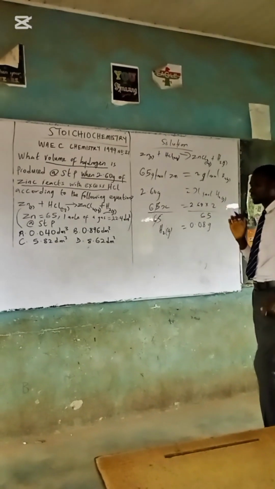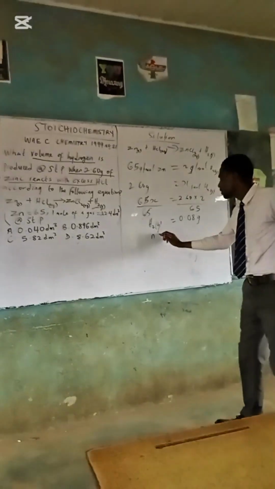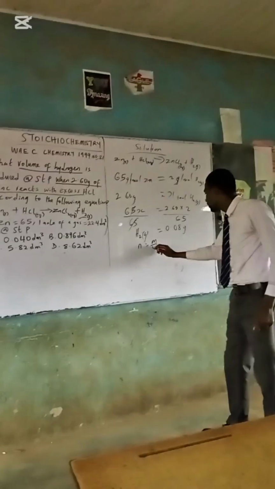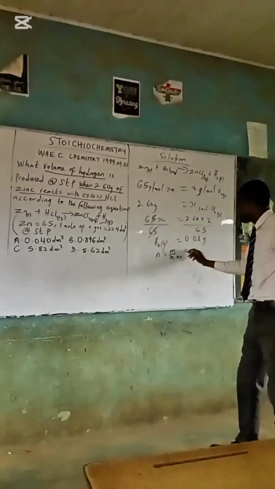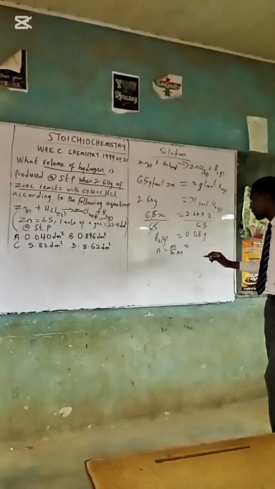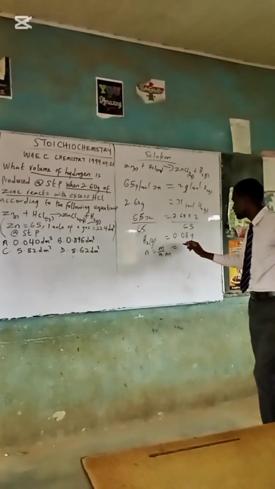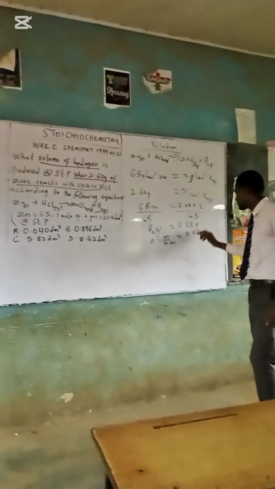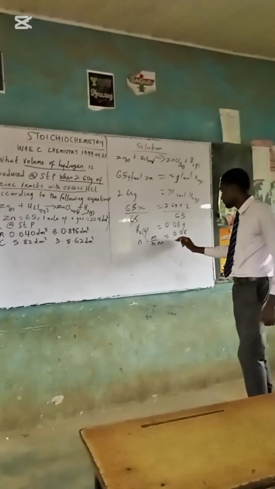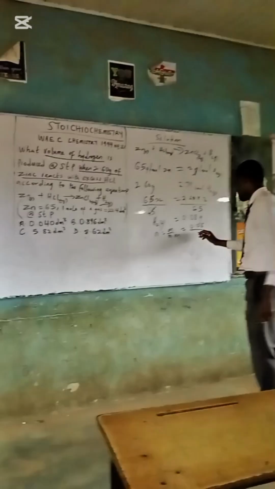Now there's a common formula: amount in mole equals mass over molar mass. Now our mass is 0.08. The molar mass of hydrogen here is 2.